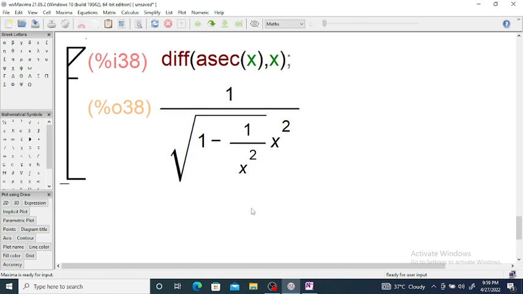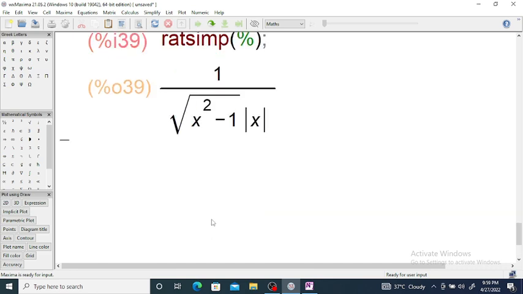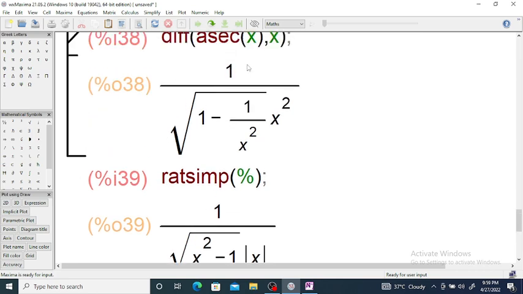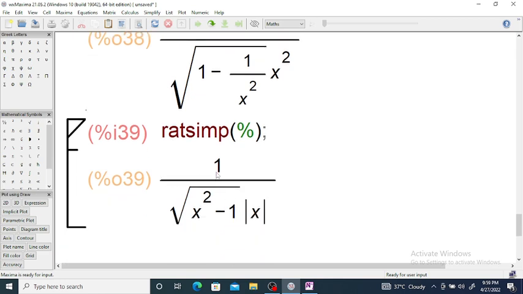If you simplify this with ratsimp, since the previous command is referred to by percent, we can check whether it simplifies. Yes, it is simplifying. To simplify this term, we just enter the command ratsimp and we get, for sec inverse x, 1 divided by mod of x into square root of x square minus 1.